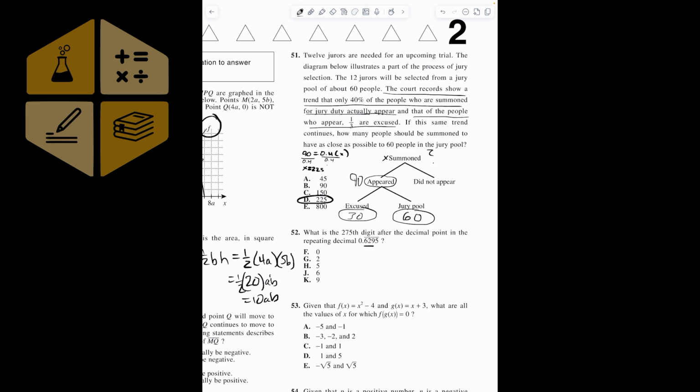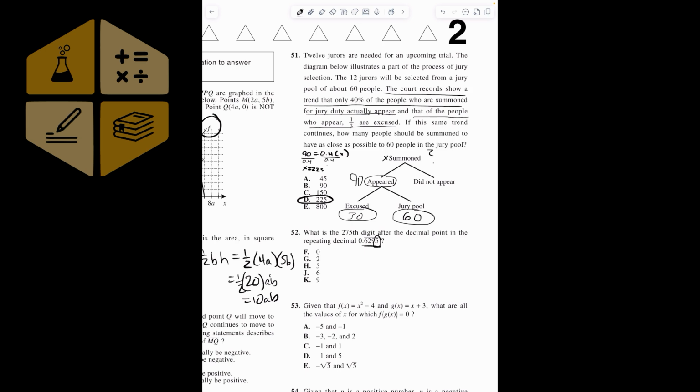What we're looking at here is a repeating pattern of 4 decimals: 6, 2, 9, and 5. What that means is that 5 is always going to be the 4th digit after the decimal point, right? It's going to be the 8th digit, the 12th, the 16th, the 20th. Do you see what I'm trying to say? If a number is divisible by 4, it's going to be a 5, because 5 is the 4th digit, the 8th, the 12th, the 16th, the 20th.